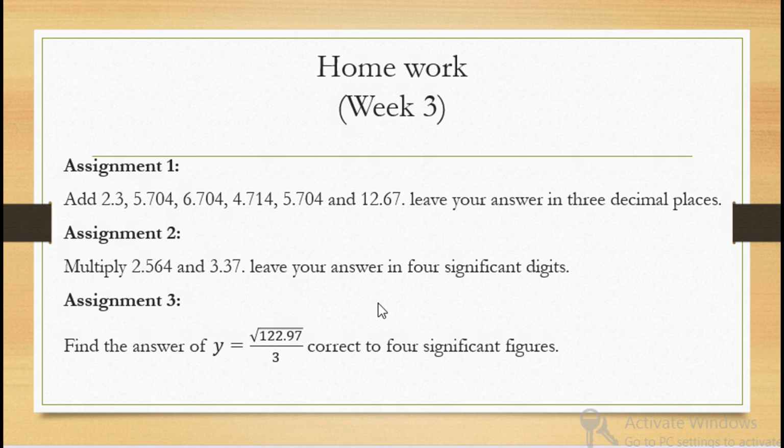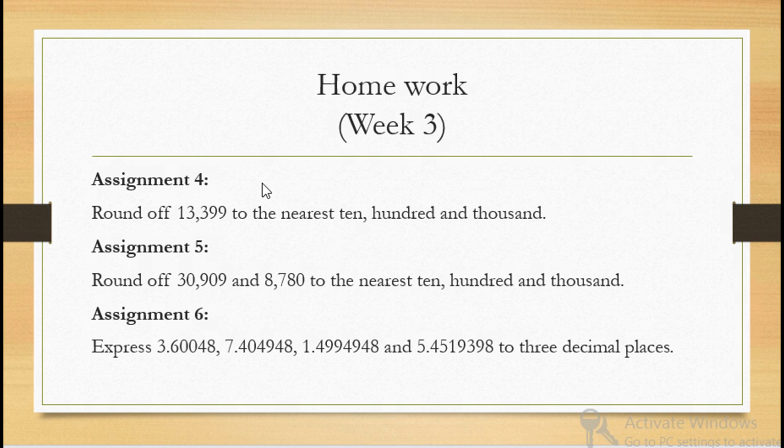Assignment 4, round off 13,399 to the nearest 10, 100, and 1000. Assignment 5, round off 30,909 and 8,780 to the nearest 10, 100, and 1000.